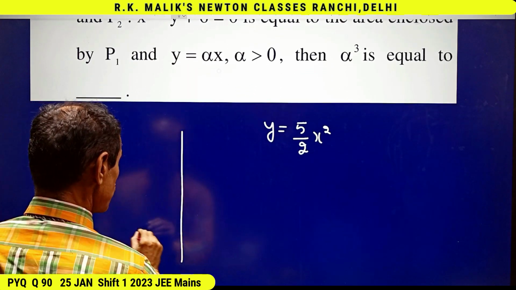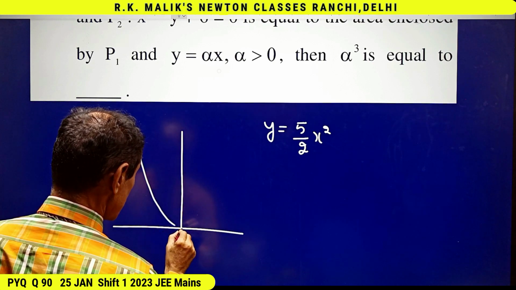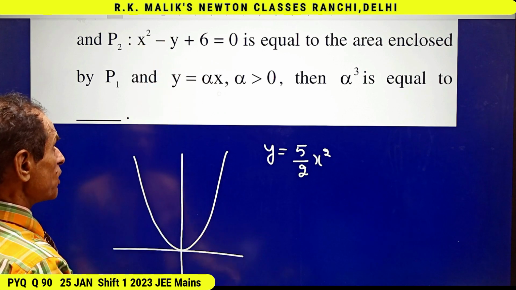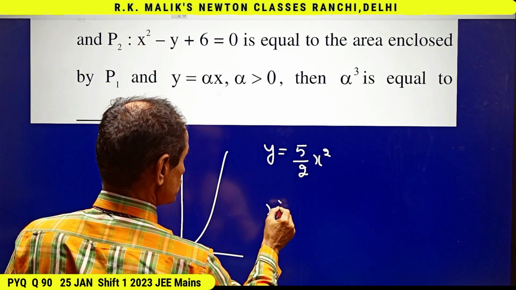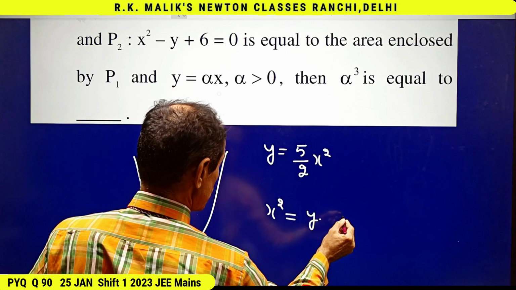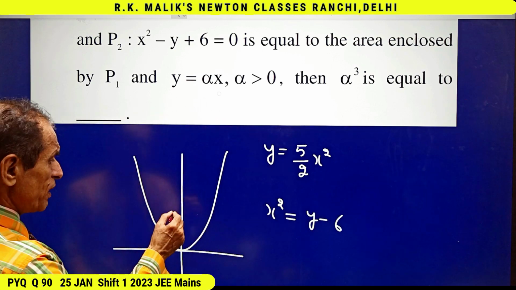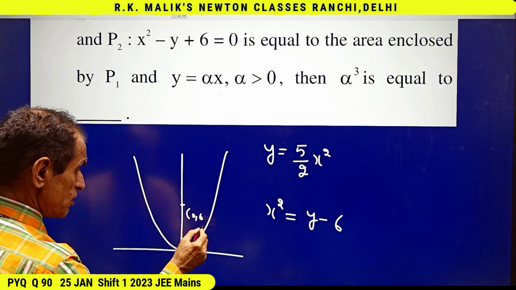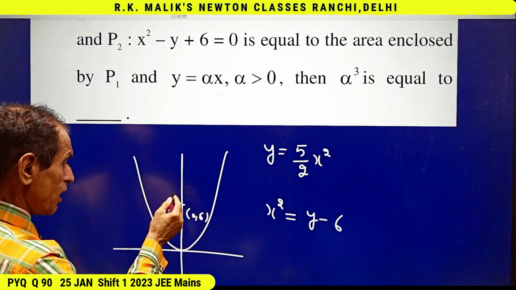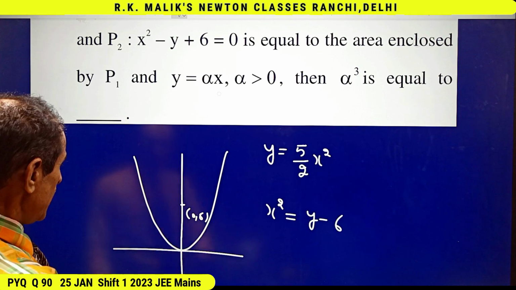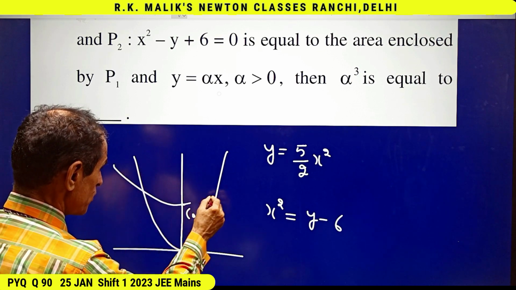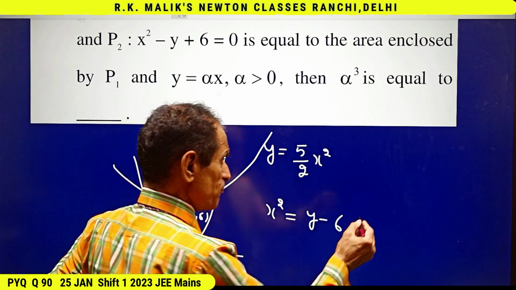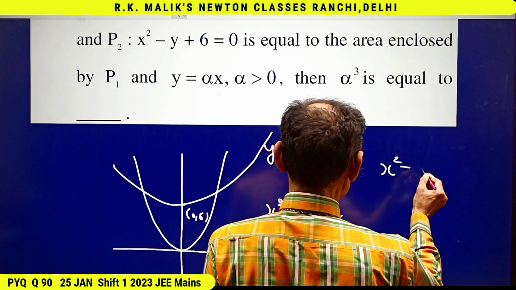Therefore, the graph will be of this type. And the graph of the parabola x square equal to y minus 6 will have its vertex at (0, 6), and it will also be opening upwards, and it will be of this type.